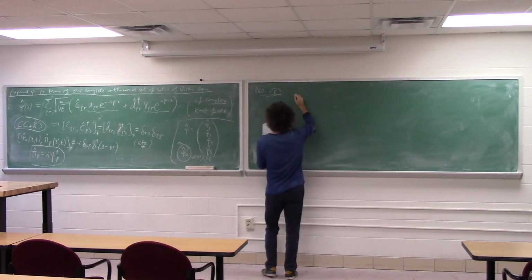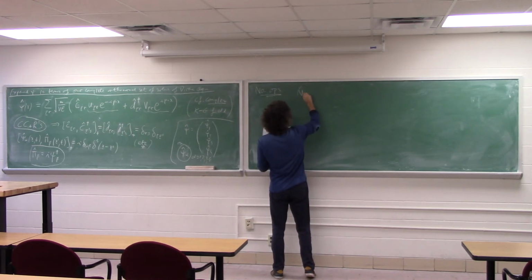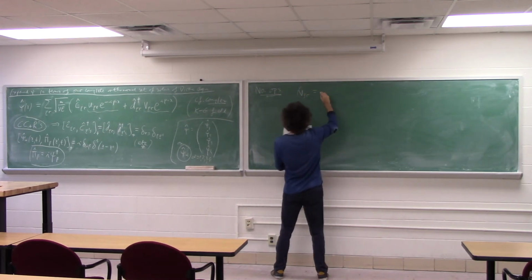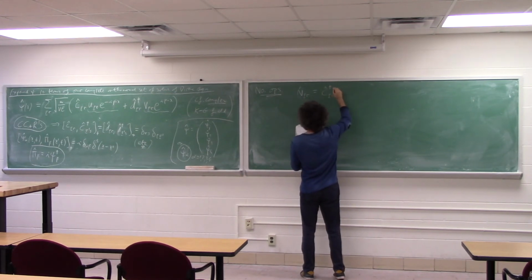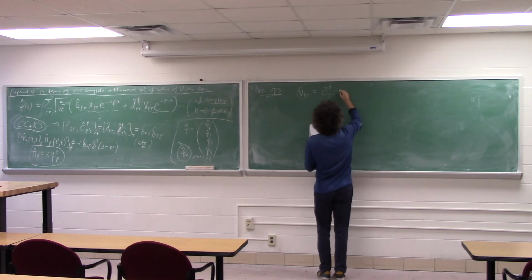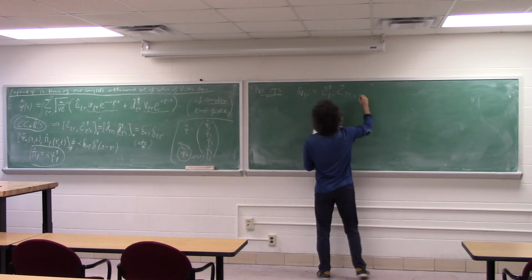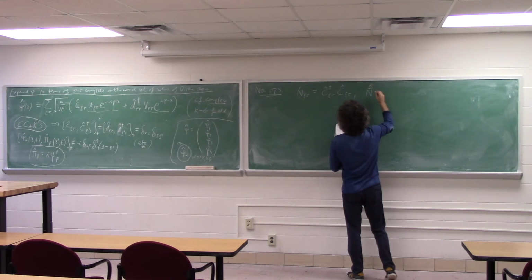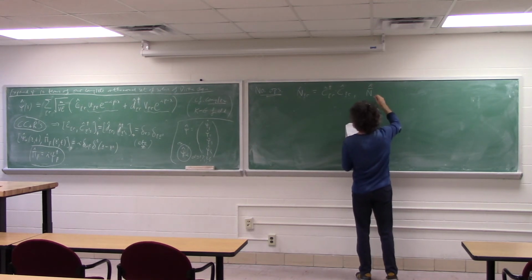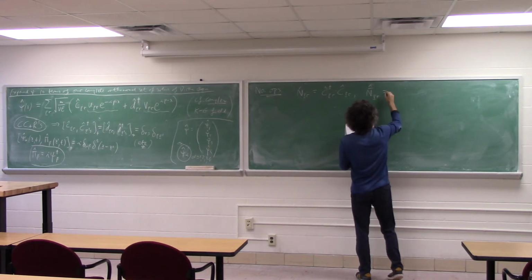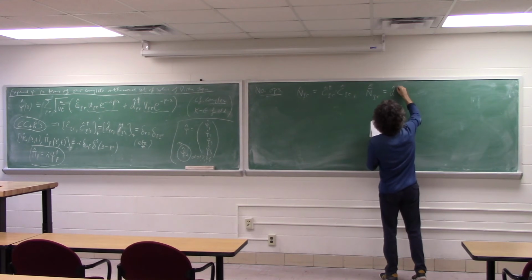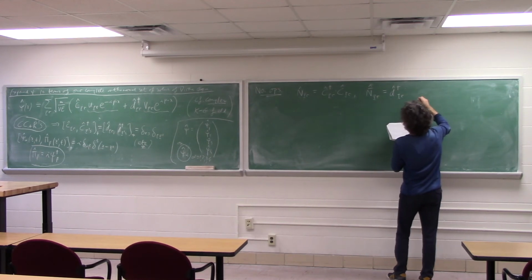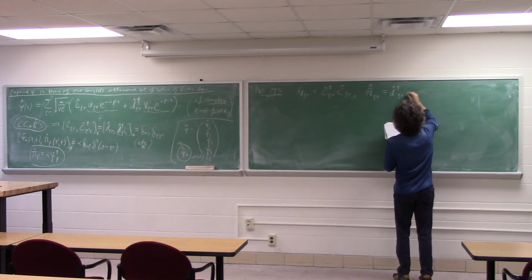The operator N_{p,r} is just defined to be c_{p,r} dagger c_{p,r}, and N bar, again this bar is just a label to note that we've got a different number operator corresponding to these other operators d and d dagger.